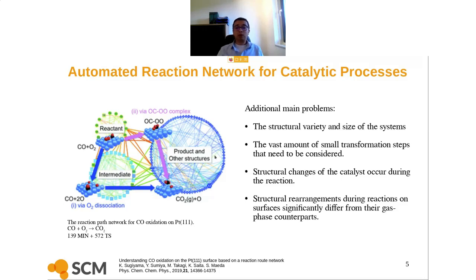Also, one of the big problems is that the surface can change its structure during the reaction. So you cannot simplify too much the surface in order to describe the reaction. And probably the last one is important, that all the structural arrangements during the reactions on surfaces significantly differ from their gas counterparts.